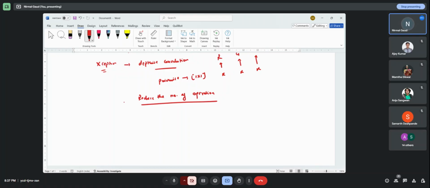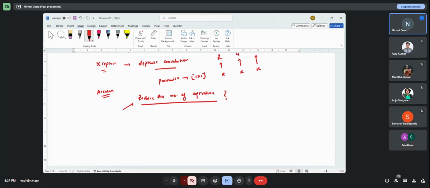If you want to build some architecture from your side, think about how you can reduce the number of operations, because it's not only about increasing the accuracy. I already told you in the previous class also, you have to reduce the number of operations: how many multiplications, how many additions, how many subtractions have been done. Because by doing this, your computer will work and computations will be done. We want to reduce the number of computations and increase the accuracy of detection. That's the research, that's the novelty, you have to bring that.